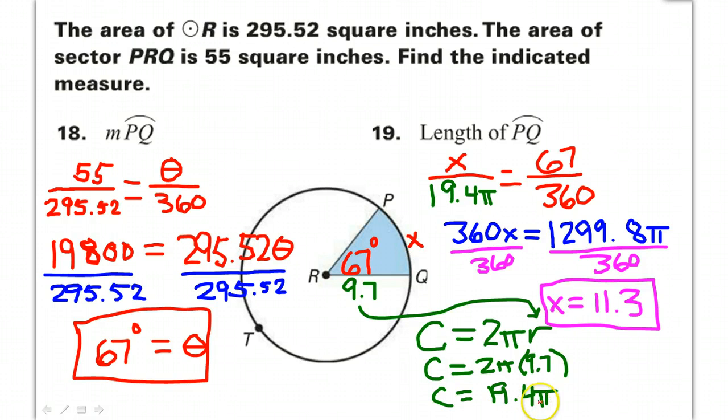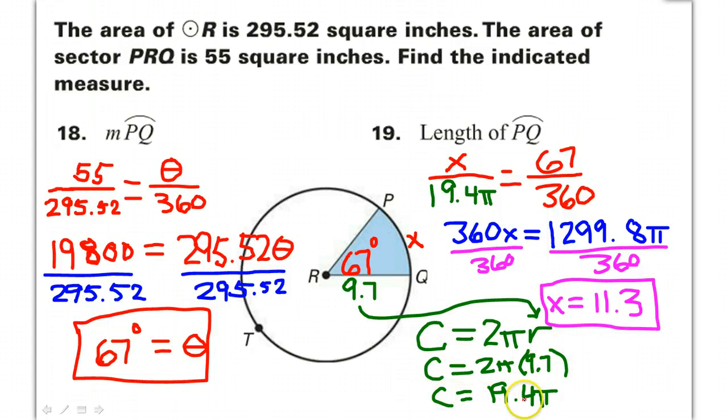Circumference was 19.4 pi. We're going to need the 11.3 also, but 11.3, that was the length of the arc PQ. The circumference, that's when we did the 2 pi r. That was number 19. Yeah, on number 19, the 11.3, that was the arc length that we found. So we're going to use both of those.